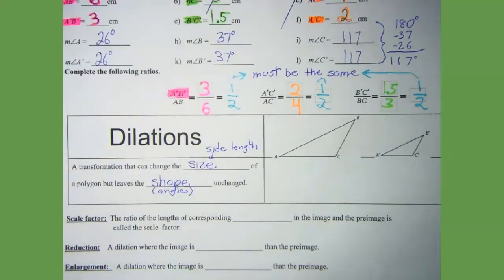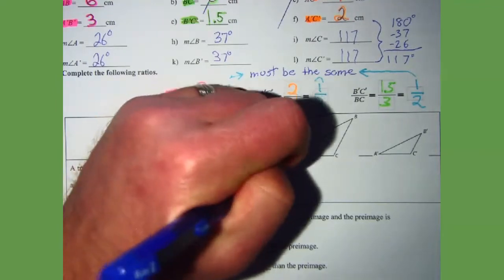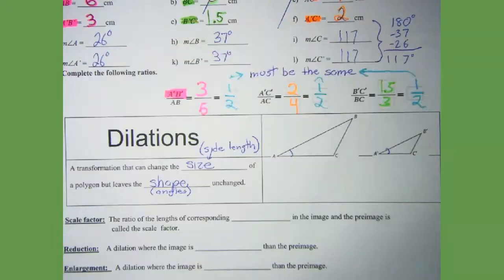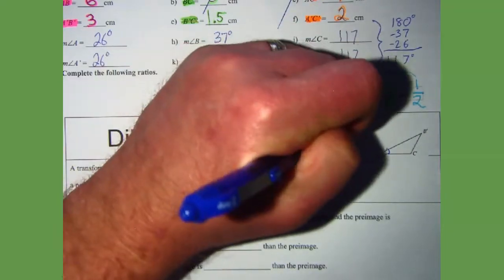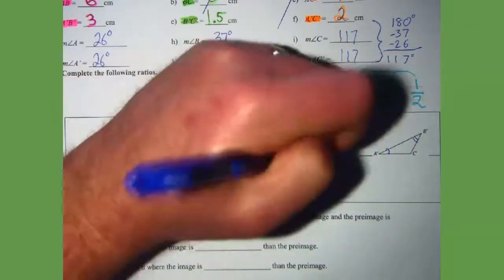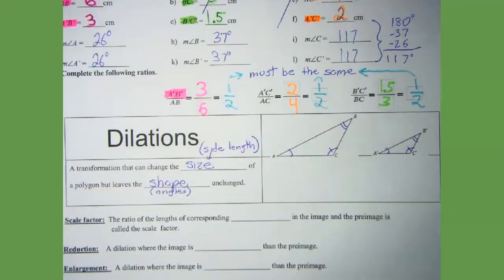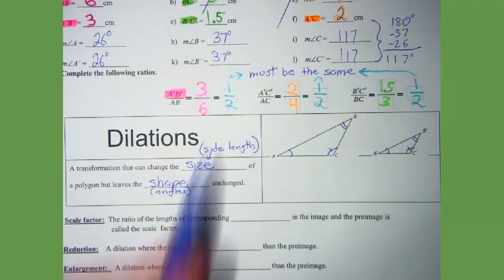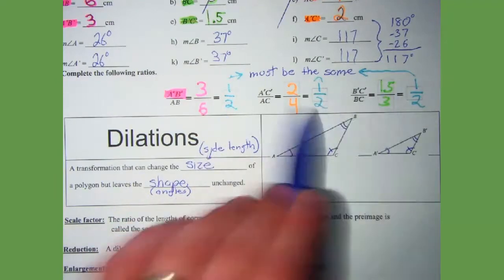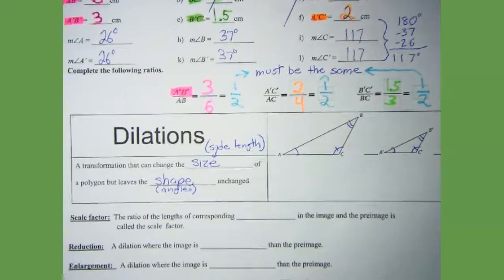So that's a nice summary of what we just did above. Side lengths were different, but the shape, the angles, were the same. So angle A and A prime must be congruent. Angle B and angle B prime must be congruent. And angle C and C prime must be congruent. However, the side lengths will have some ratio that must be the same for each pair of corresponding sides.